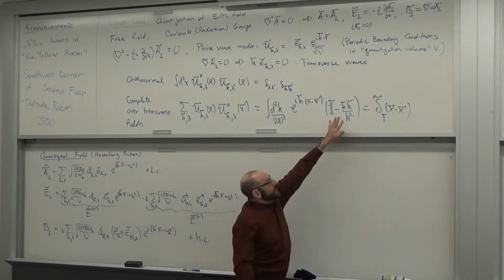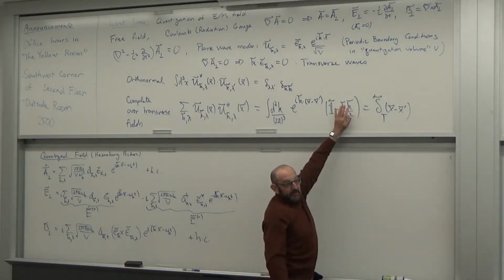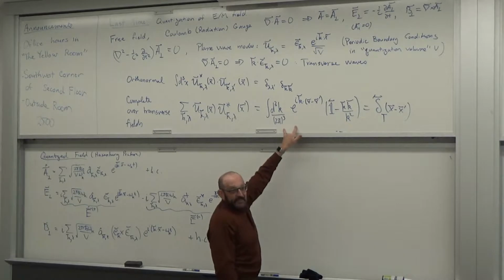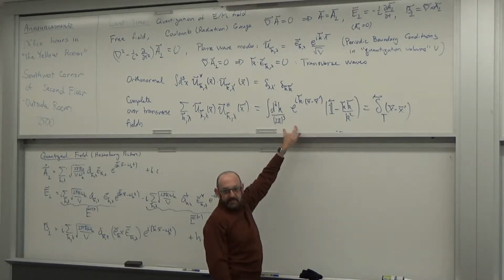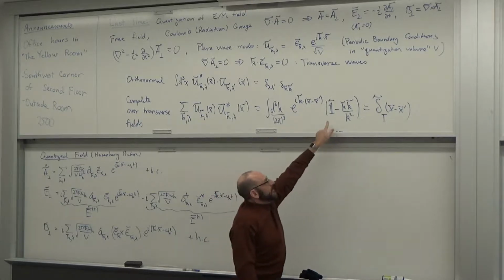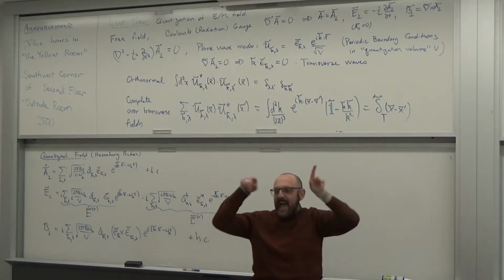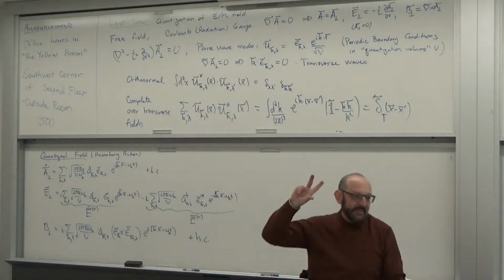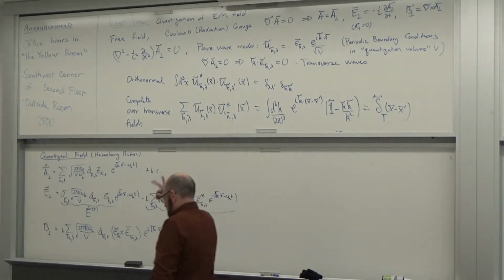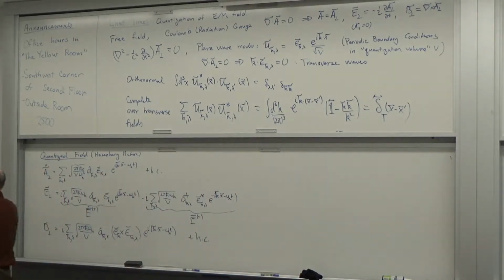If I didn't have this over here, this would be a delta function, the familiar delta function in 3 dimensions. And then I would just have the unit dyadic representing the unit tensor for the polarization directions.